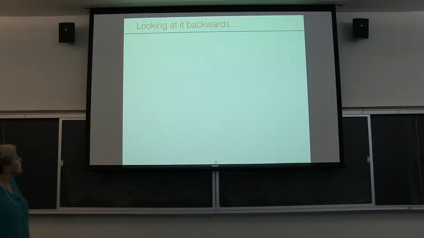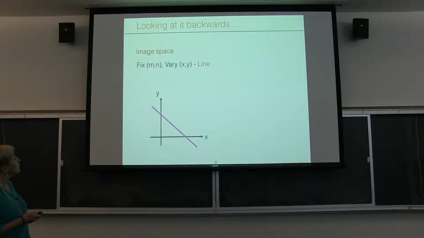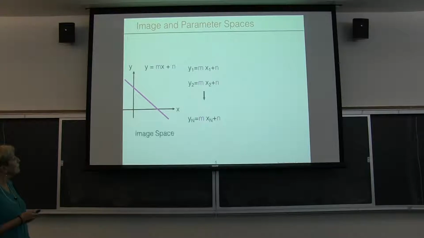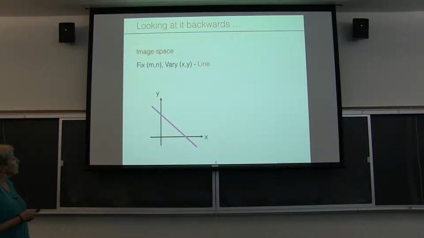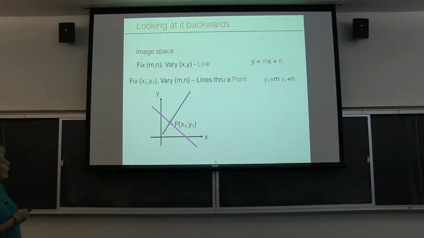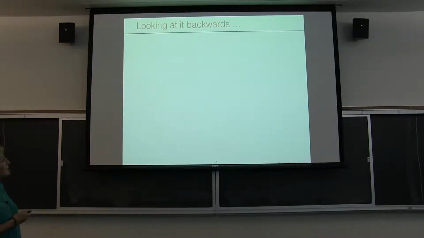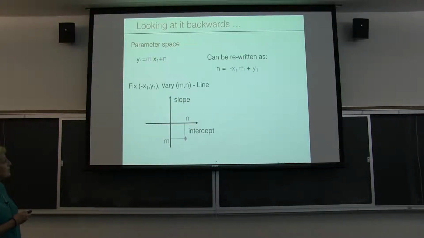Now if I fix a point on the line, and I look at all the lines passing through that point, what happens in the parameter space is that I have a line that passes along all the points that are compatible in terms of the slope and intercept with a given point.